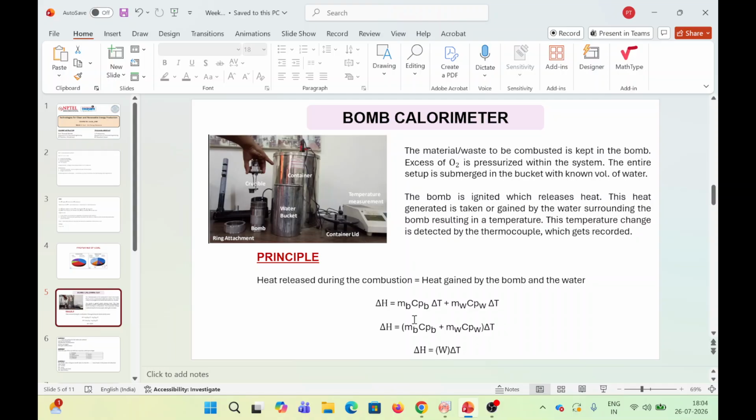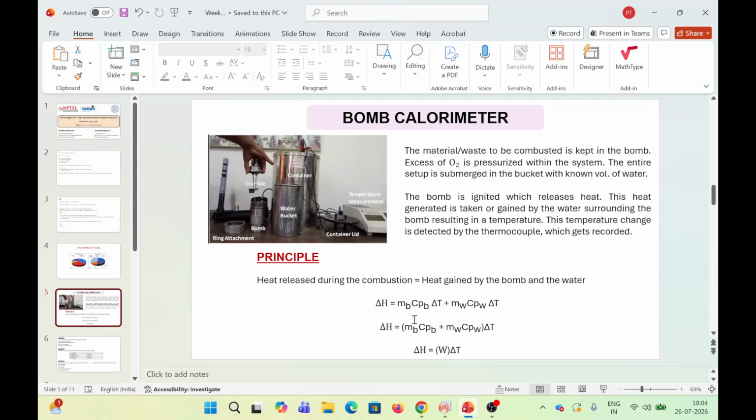Now ignite the bomb. Once the ignition happens, combustion happens, and heat energy is released. That heat energy is absorbed by the water, and this gaining of energy by the water results in an increase in the temperature, which is detected by a thermocouple.